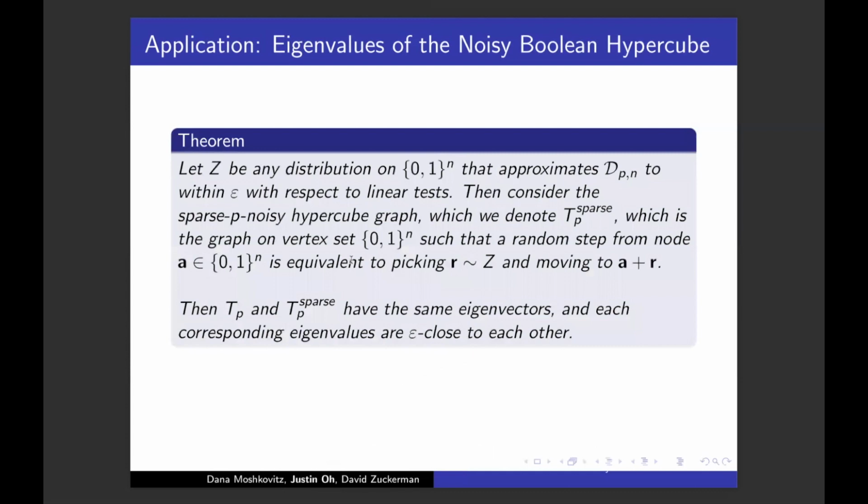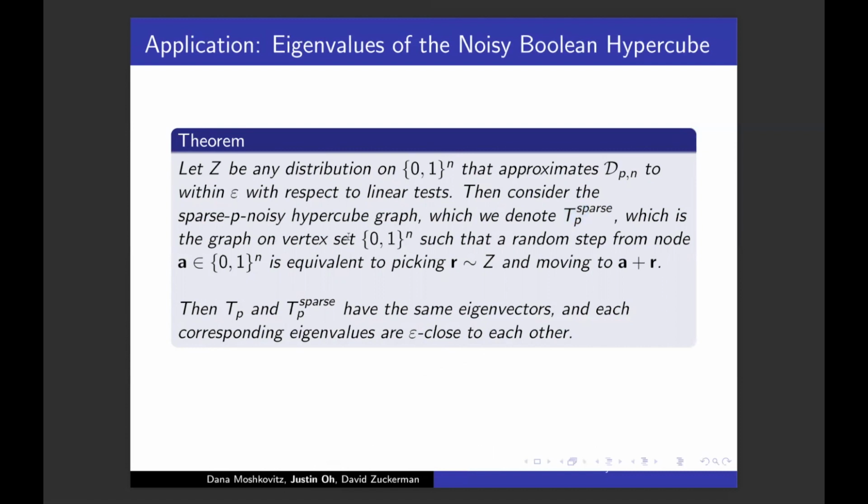So what we can show is that if you take any distribution z on 0, 1 to the n that approximates d sub p to within epsilon with respect to linear tests, then you can consider this new graph with transition matrix as follows, that we will denote t sub p sparse.